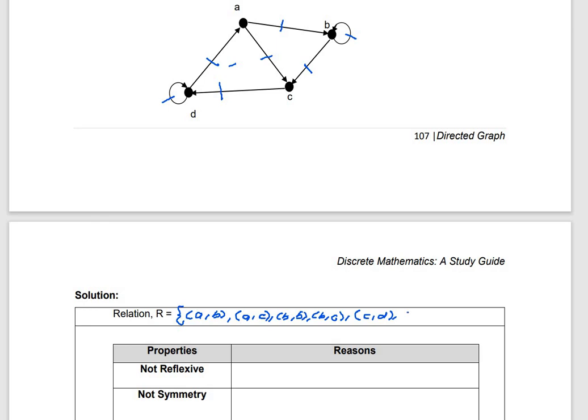Okay. Lepas tu, I pergi pada D. D, D. And then, D ada lagi satu. D, A. Okay. 1, 2, 3, 4, 5, 6, 7. Settle untuk dia punya relation.